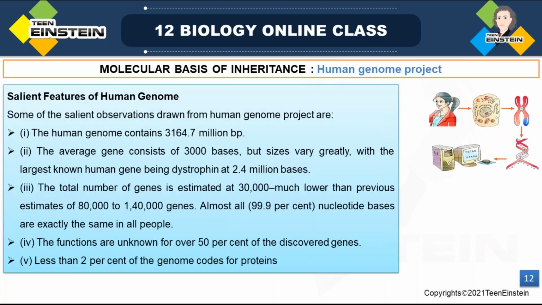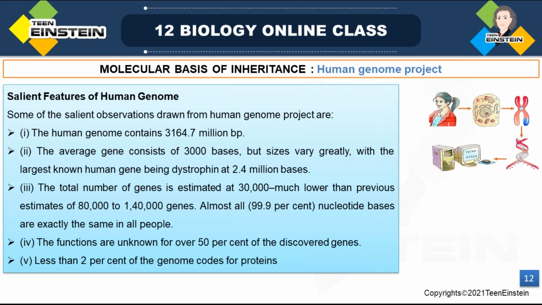Next, let's see the salient features of the human genome. In the human genome, around 3,164.7 million base pairs are present, that is about 3 into 10 raised to 9 base pairs.